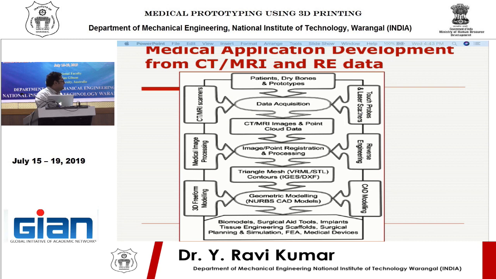It can be an implant, or it can be a tissue engineering scaffold. So you can make a scaffold for a tissue engineering application, or you can make surgical planning models or surgical simulation models. And this is the opportunity. 3D printing technology is a very good tool for a surgeon.